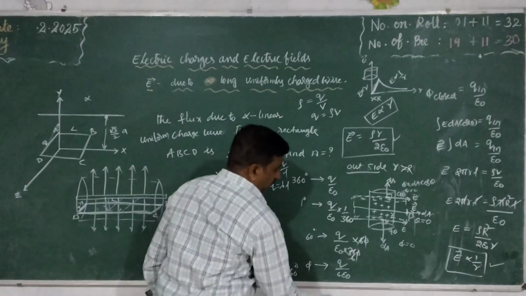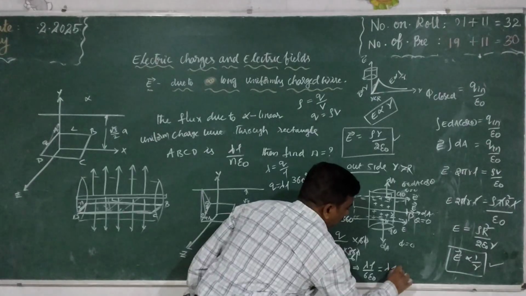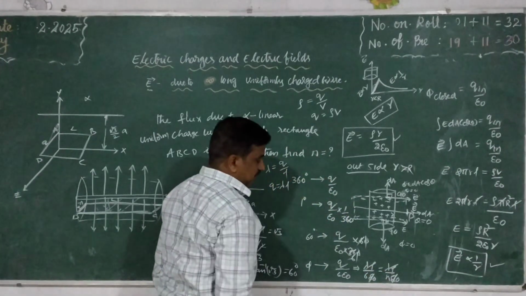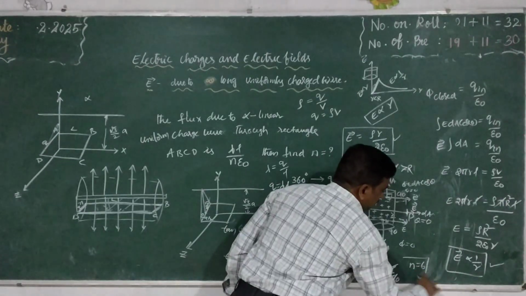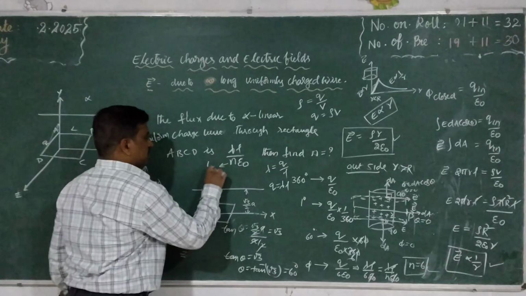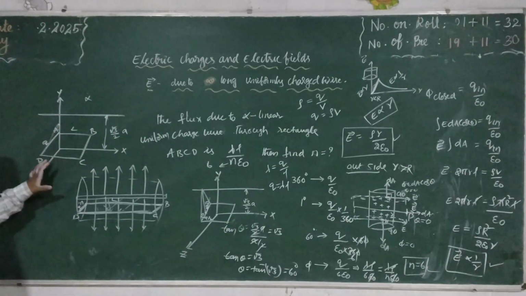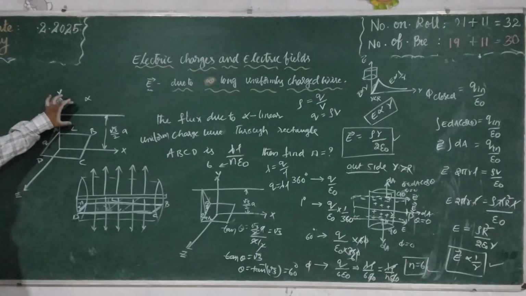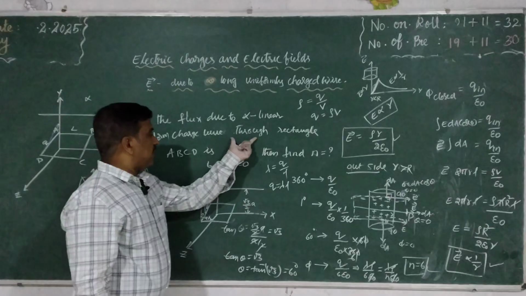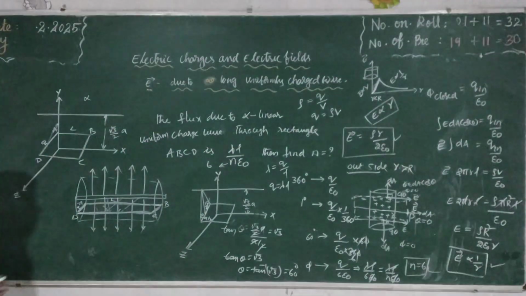Instead of Q we can write λL, giving λL by 6ε₀. They gave λL by nε₀. The ε₀ cancels, λL cancels, so n equals 6. So the flux through this rectangle ABCD due to this infinitely long uniformly charged wire is λL by 6ε₀. This is the solution. Okay, thank you.